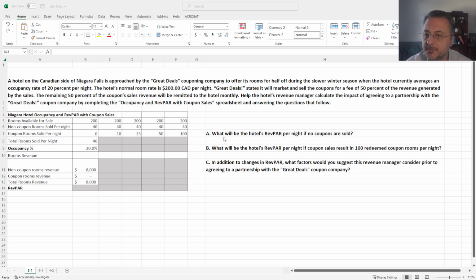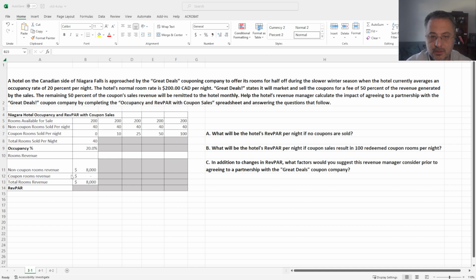The first one is, what will be the hotel's RevPAR per night if no coupons are sold? So this is the one here. Rooms available at the moment is 200 for the hotel. And if the coupon company is not involved, the hotel can sell 40 rooms, which is the 20% of occupancy. And we're going to do it with no coupon. So basically, coupon rooms sold per night is going to be 0. So total rooms sold is 40, and the occupancy is 20.